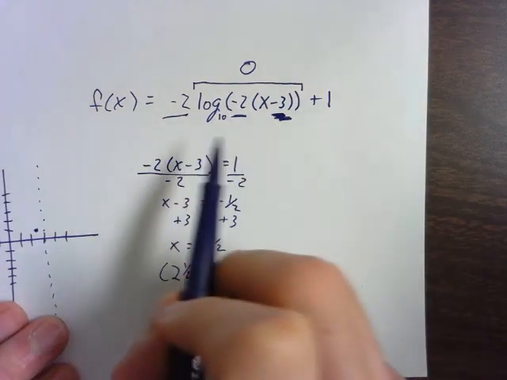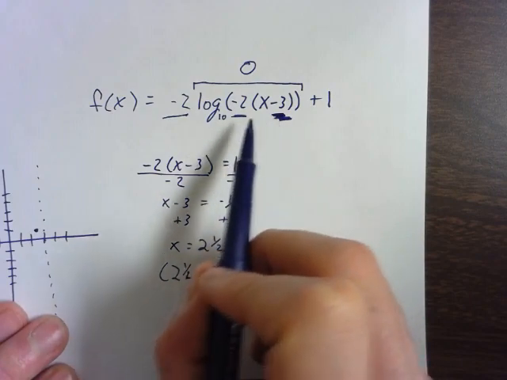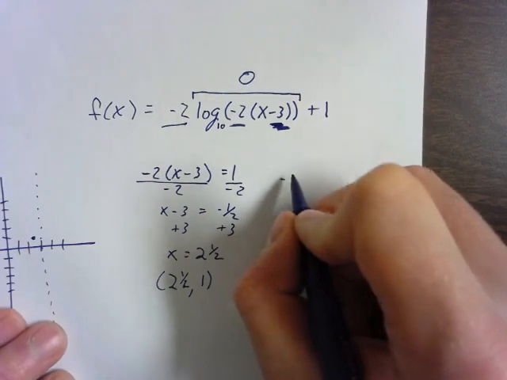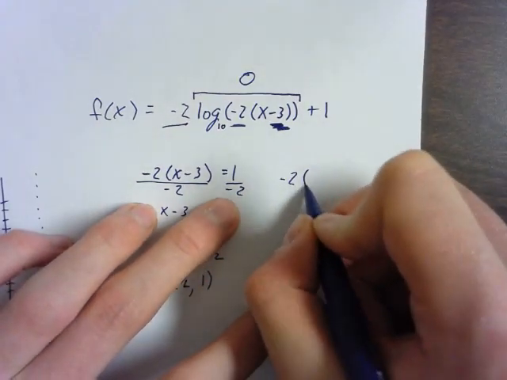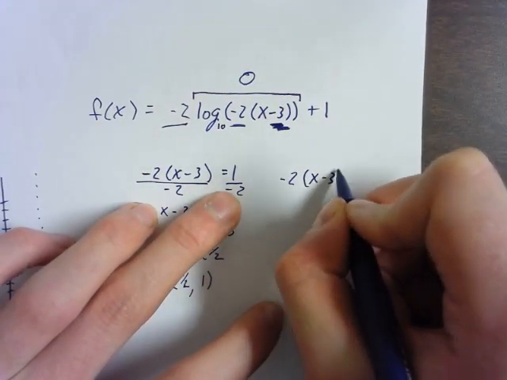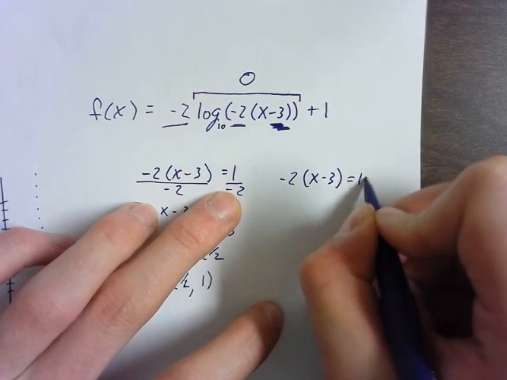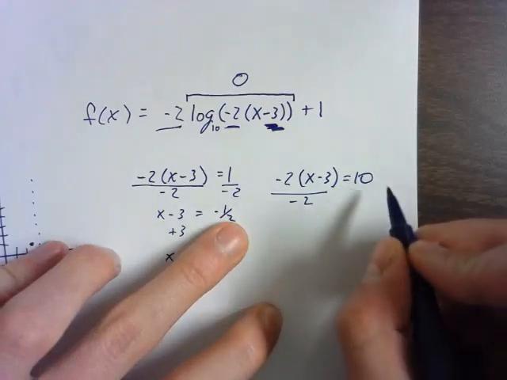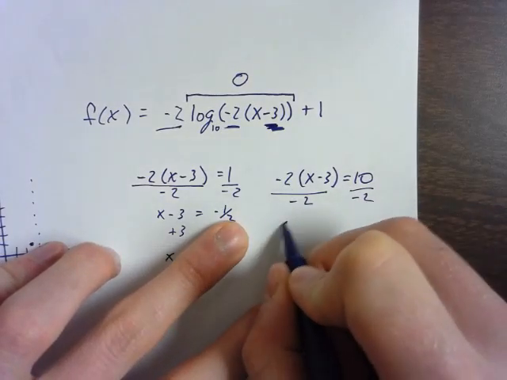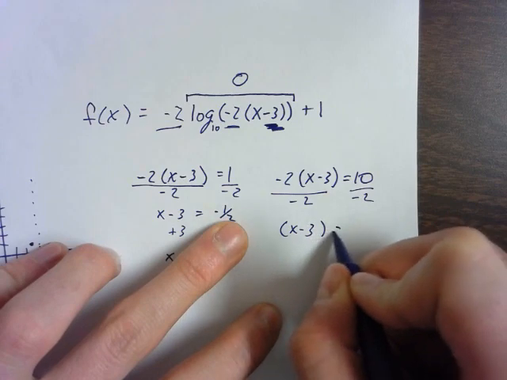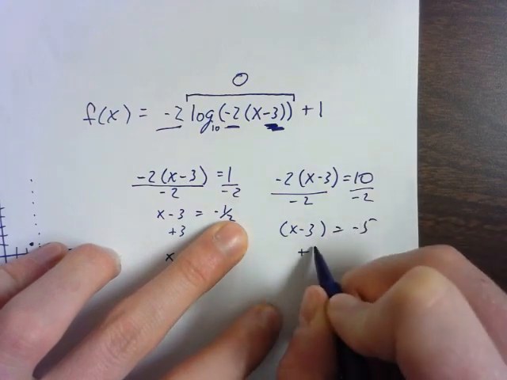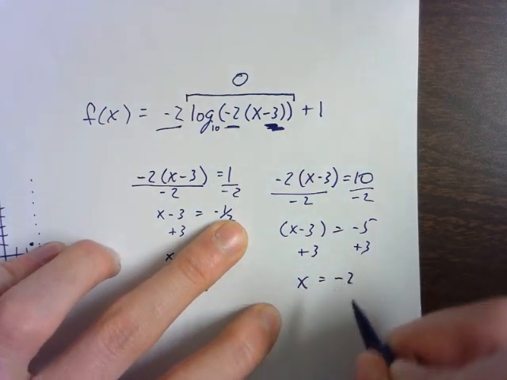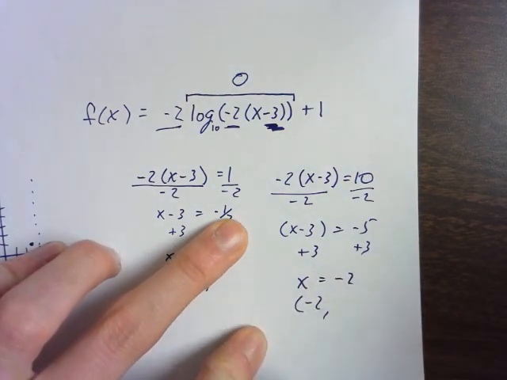So just like I did over here, I will set it equal to the base, which in this case is 10. Once again, I'll solve for x. So x equals -2.